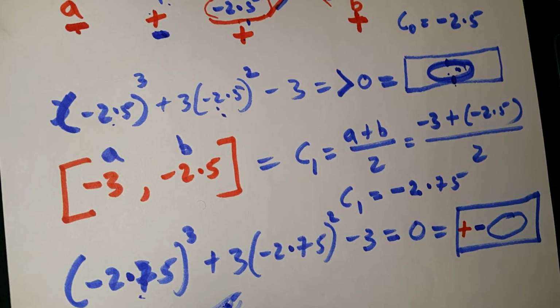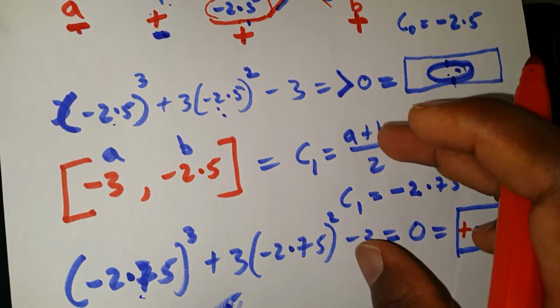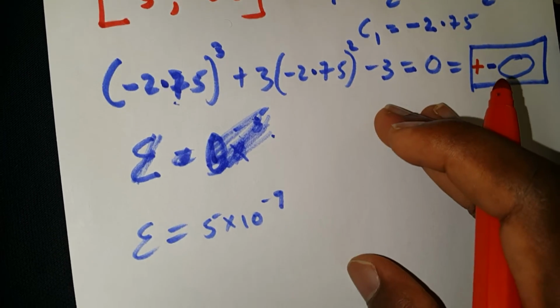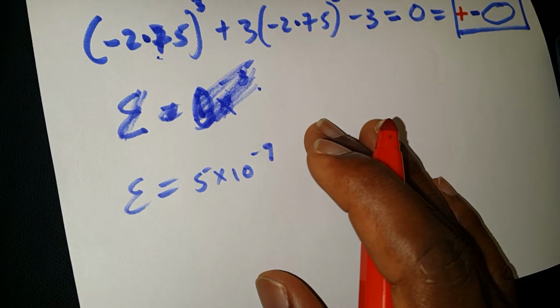Then if it seems that your iteration is going to be so long, you have to check the number of iterations that you have, for which we have the formula.